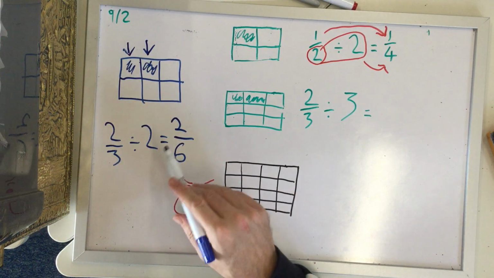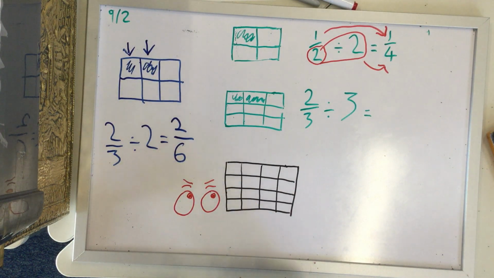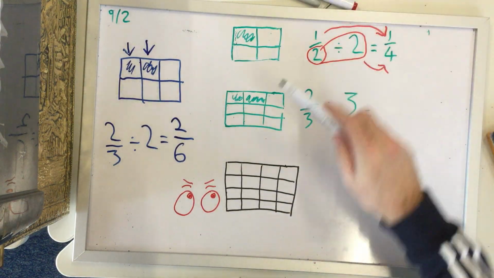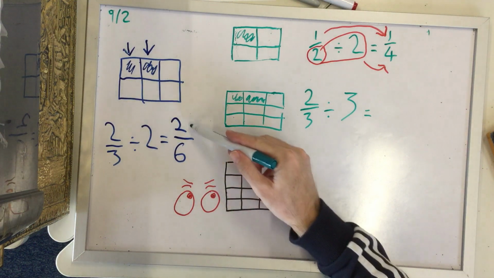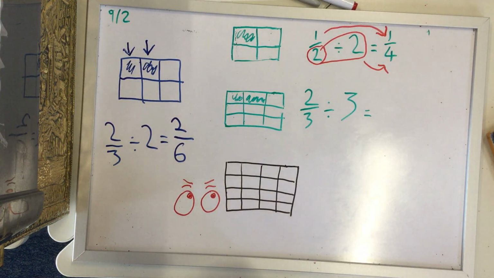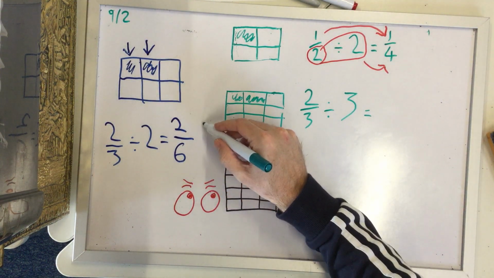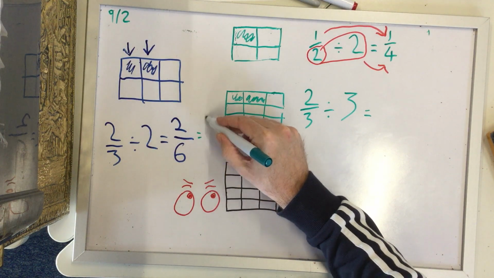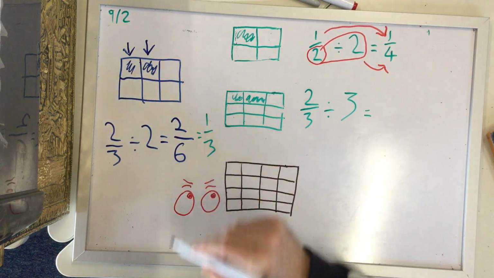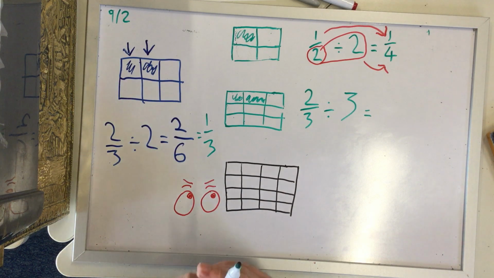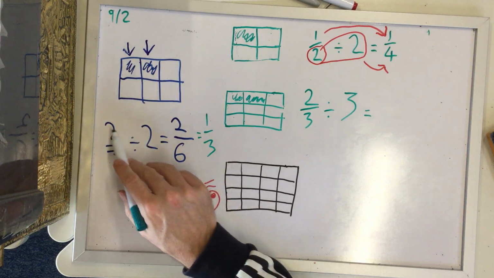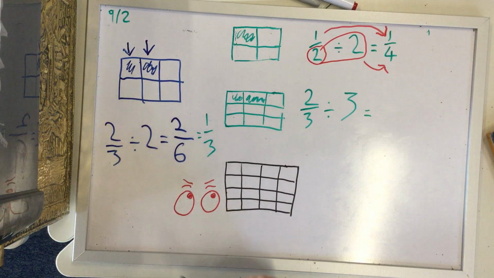Okay, so we've got 2/6, and then what we need to start thinking about, yes, it's 2/6, but we can simplify that, can't we? Both these numbers will divide by 2. Okay, so that's also the same as 1/3. Okay, so that's with the same divisor as our numerator.